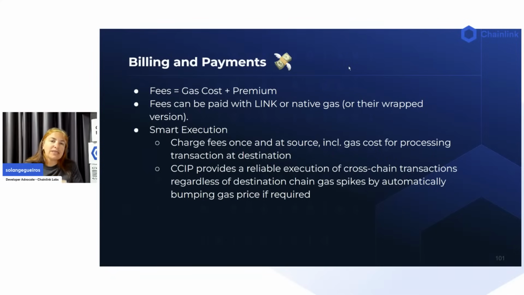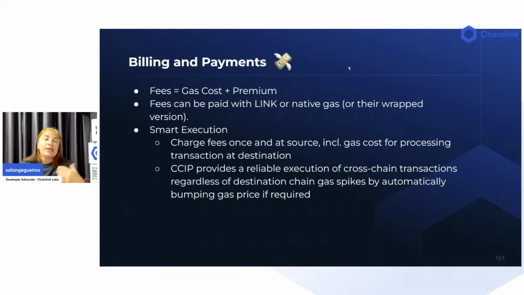On the source blockchain, the router can calculate the fees on the destination chain for you. So you already have an estimation of the fee that you are paying on the destination blockchain, and you will be charged on the source blockchain.